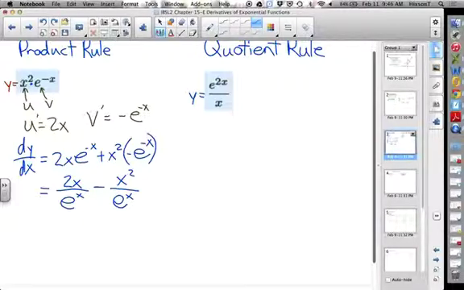And then finally, if you notice they have a common denominator, you might as well combine them. So 2x minus x squared over e to the x. And that would be our final answer.